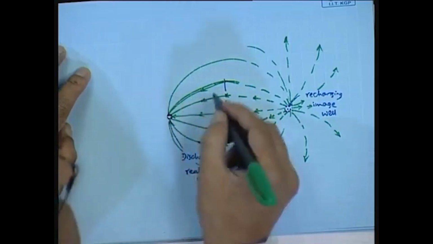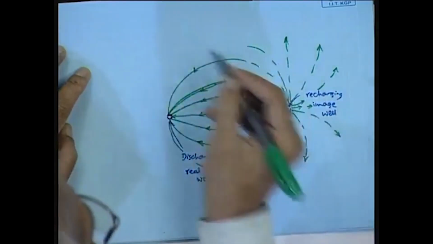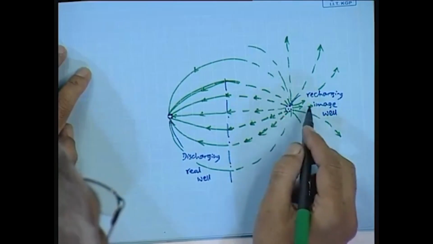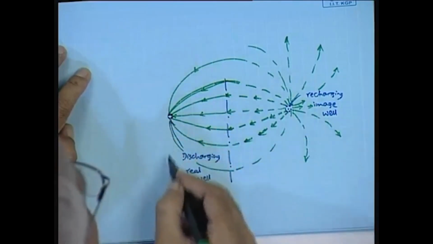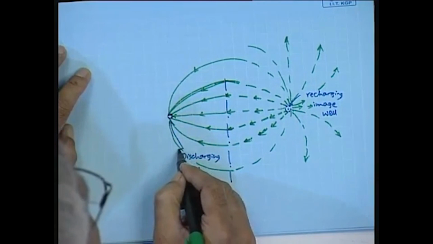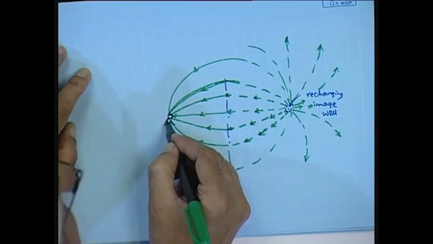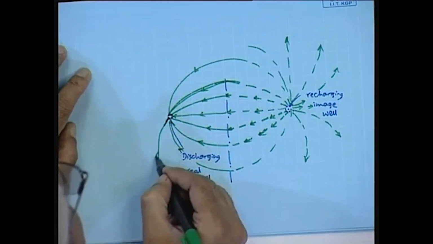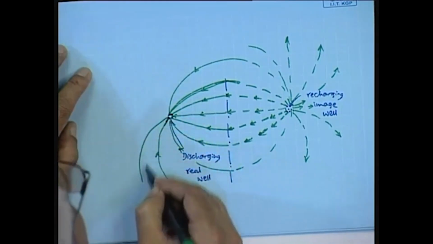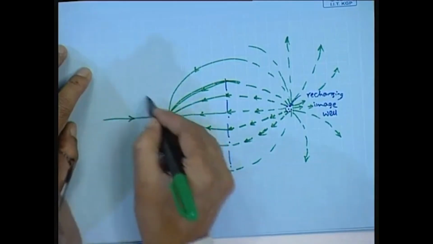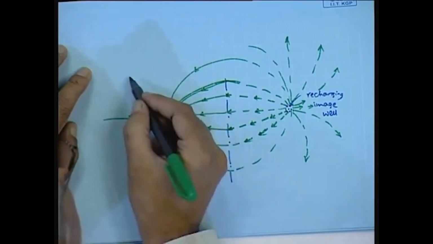And then similarly, the streamlines are radially diverging, having a radially outward shape, whereas for the discharging real well, the streamlines are converging.